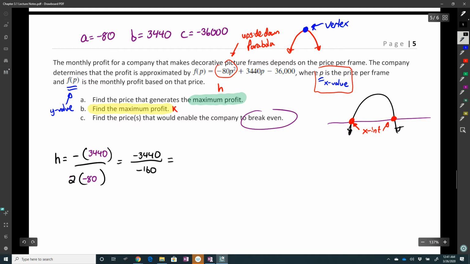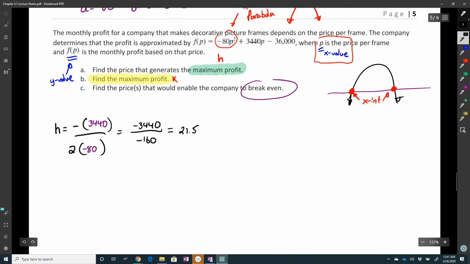I put that in my calculator, and I get 21.5. All right. So since this is a money problem, I'm going to go ahead and leave the decimal because we're dealing with money. Price.